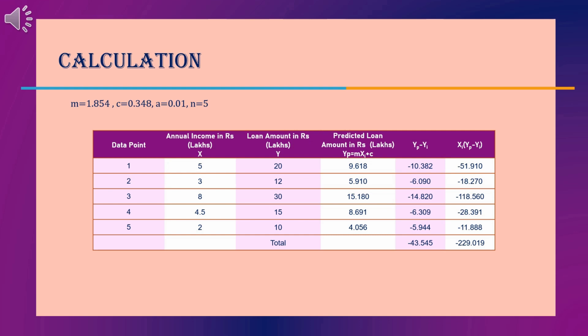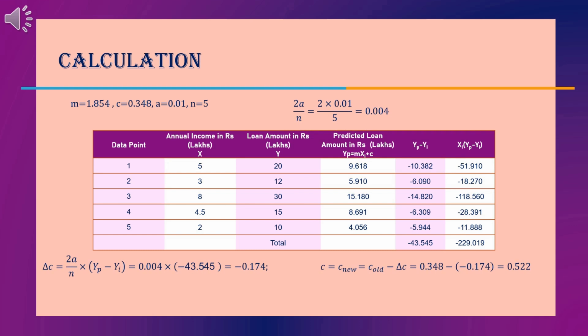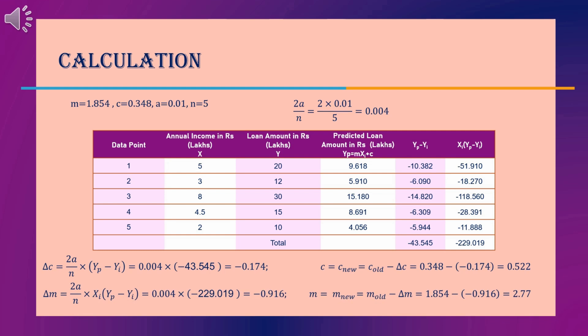As we have done earlier, the change in slope and intercept are calculated. From that, the new slope and new intercept values are calculated as 2.77 and 0.522. With these new values, the next m and c are calculated. This process is repeated until convergence or till the maximum number of iterations is reached.